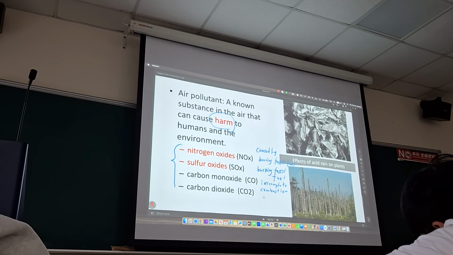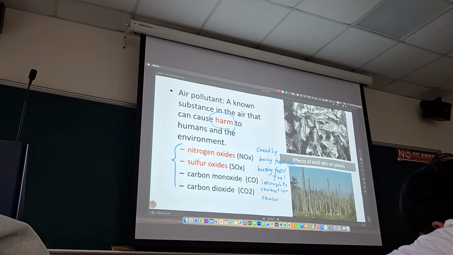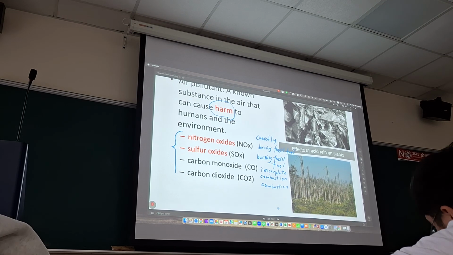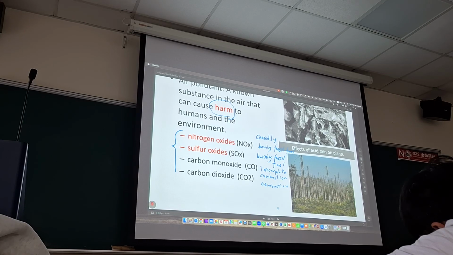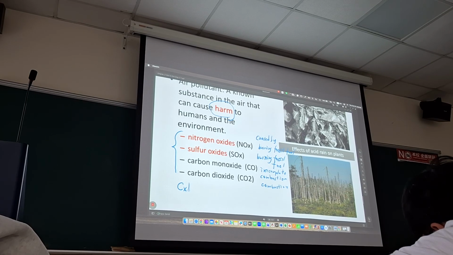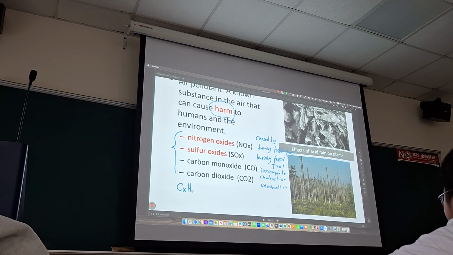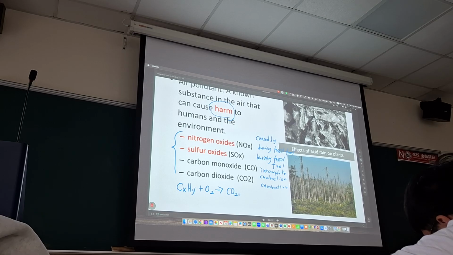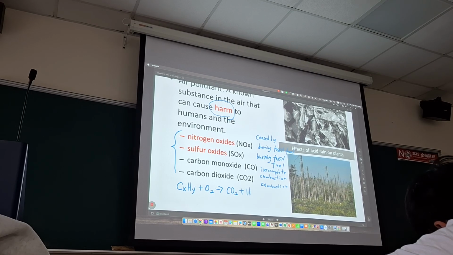And carbon dioxide, of course, is caused by combustion. Combustion here means the hydrocarbons react with oxygen and produce carbon dioxide and water.